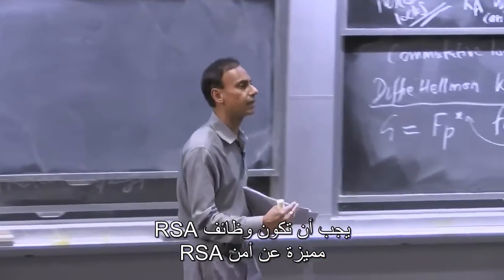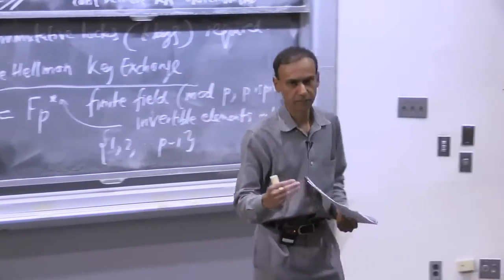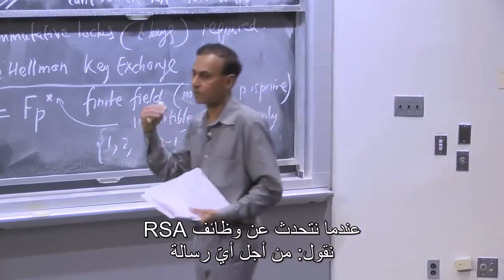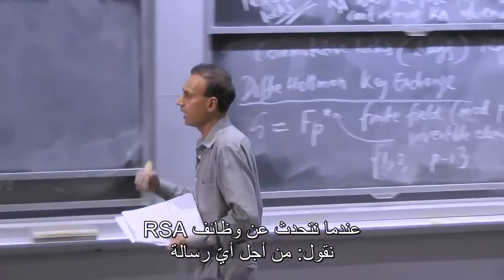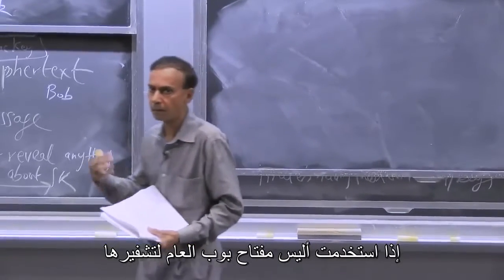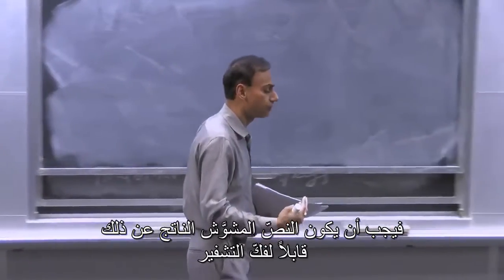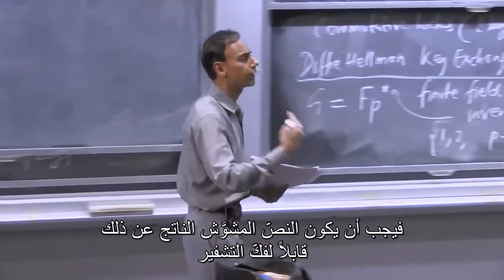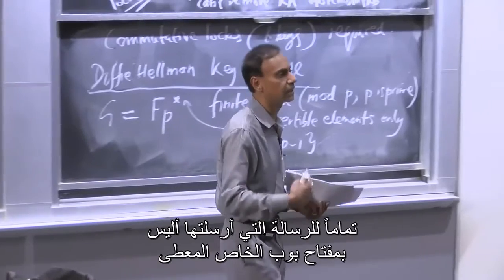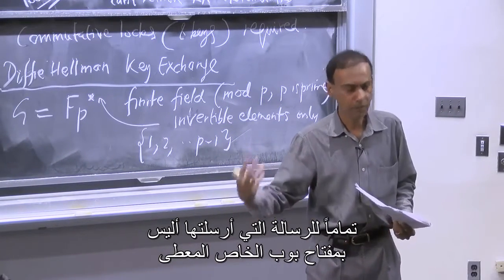The functionality of RSA should be distinct from the security of RSA, right? When we talk about the functionality of RSA, we are saying for any message, if Alice uses Bob's public key to encrypt it, the resulting ciphertext should be decryptable into exactly the message that Alice sent given Bob's private key.